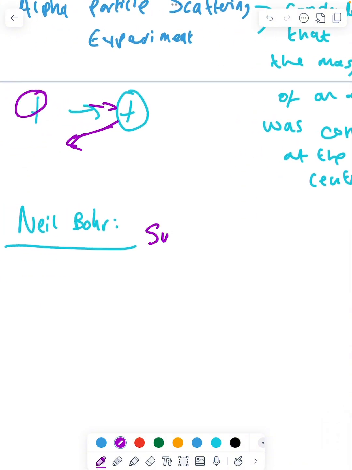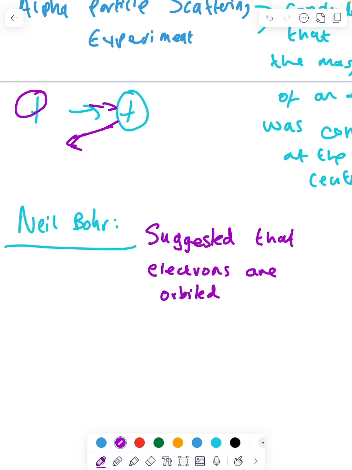He suggested that electrons orbit the nucleus at specific distances. So just talking about them being on shells, right?